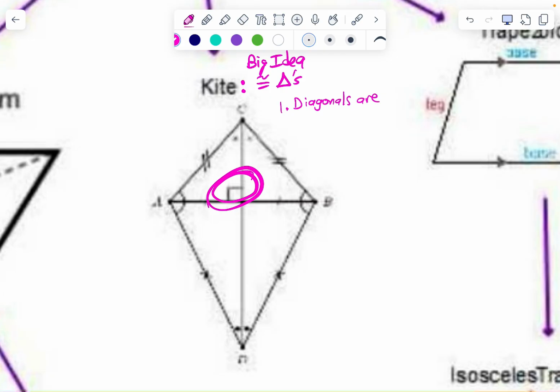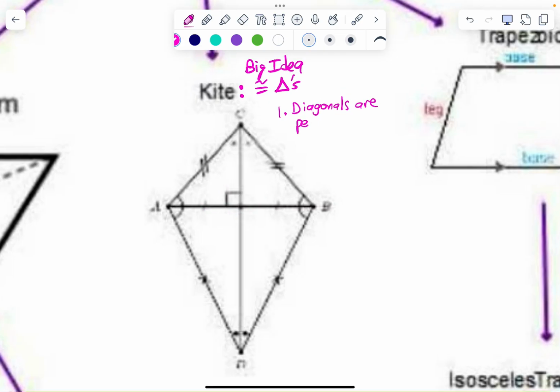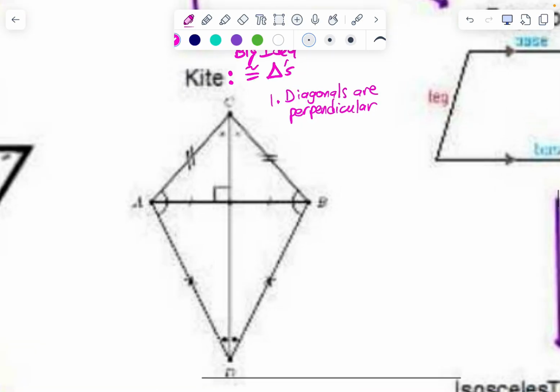That right there. Okay, so diagonals are perpendicular. And it's already marked, but if you want, you can make sure that's showing better. Now, if one of those angles is marked as 90, what's true about all four of them? They're all 90, right? Every one of them is 90.